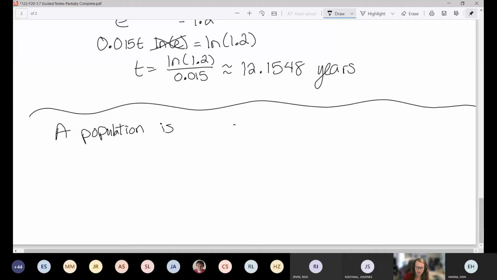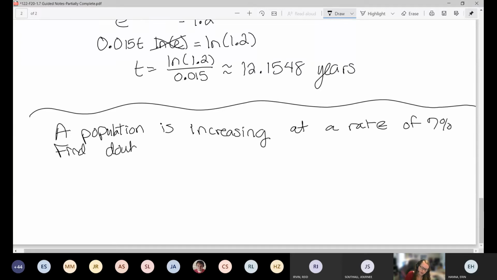No, let's do increasing, because we did half-life the other day. Increasing at a rate of 7%, find doubling time.